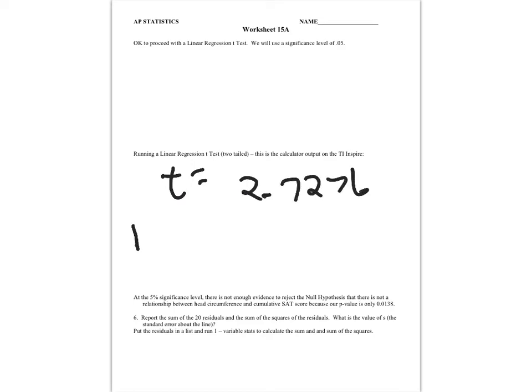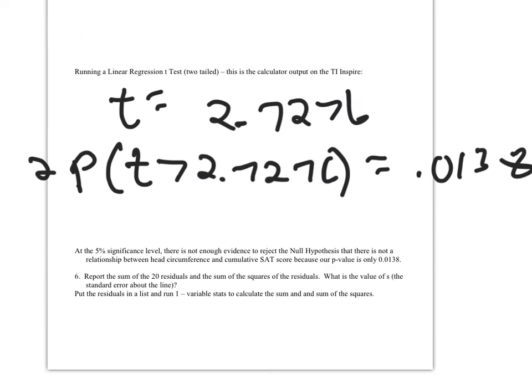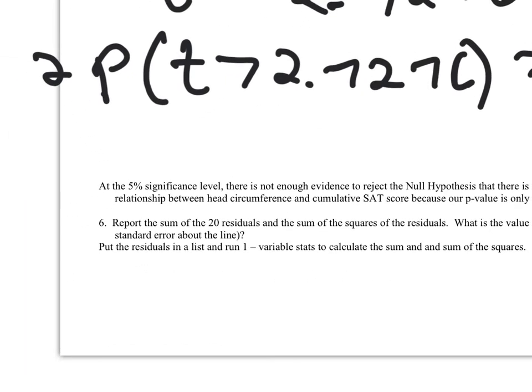And 2 times the probability that T was bigger than 2.7276 is 0.013. 0.0138933. That's good enough. All right. So we rejected H naught.